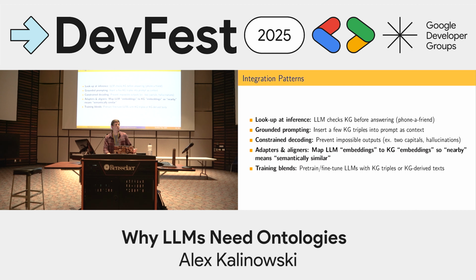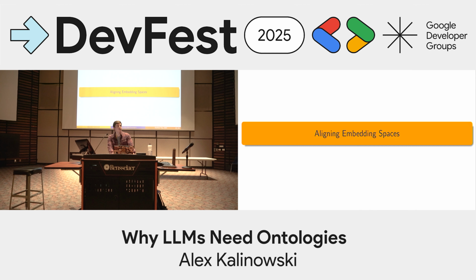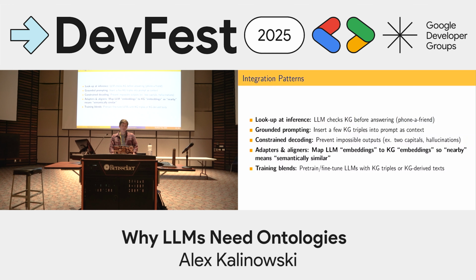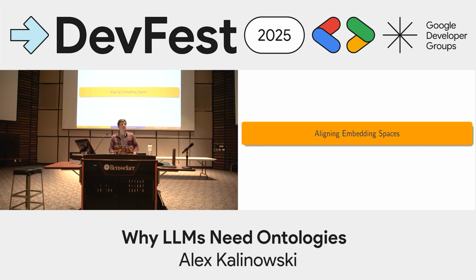So the prior talk towards the end, they mentioned vectors and vector databases. We're going to see a lot of that here, although in a more mathematically heavy notation. So I'm going to talk about this adapter and aligner, and we're going to talk about aligning embedding spaces, which might not make any sense right now, but hopefully I can clarify.